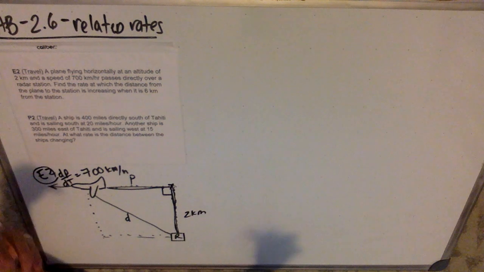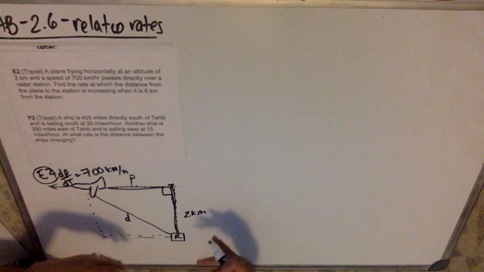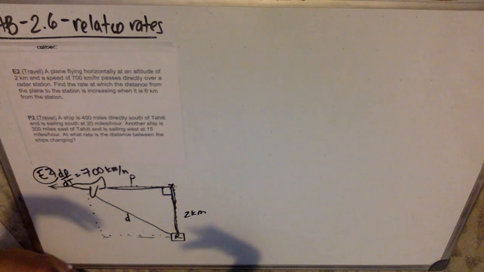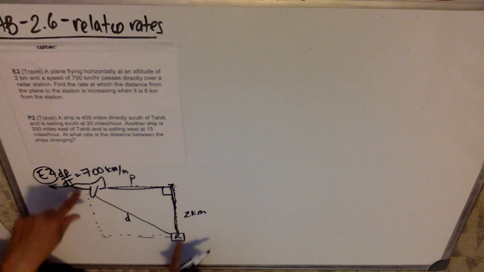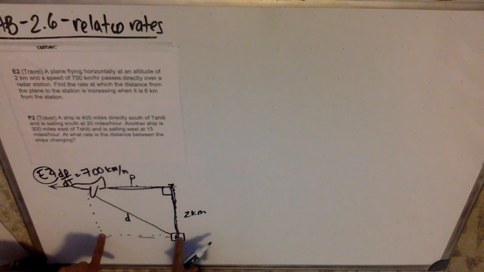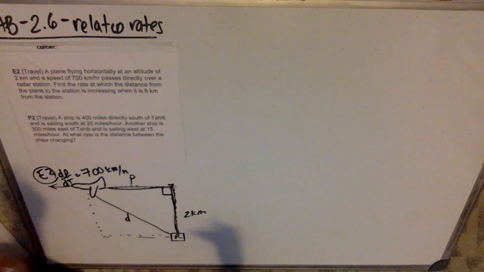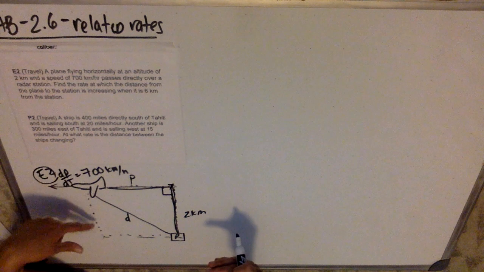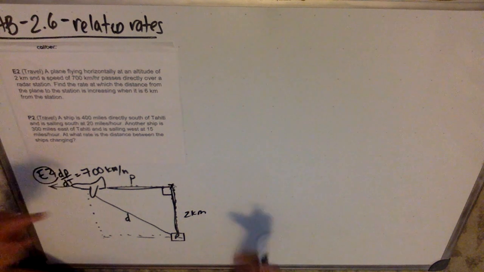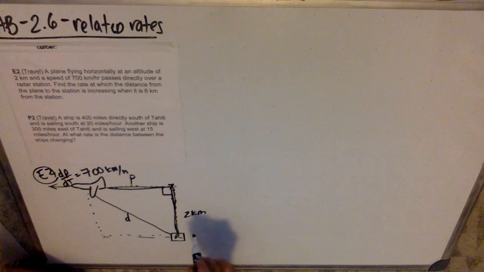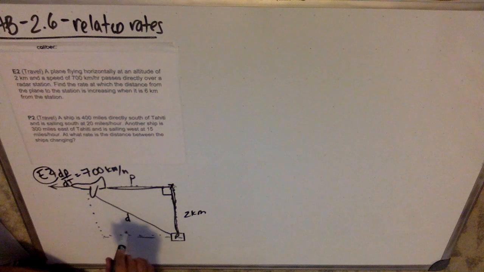When we talk about ground distance, we mean if they were on the same height level, how far apart would they be? So this is the actual distance between them, but the ground distance would be the measurement if you just measured if they were at the same physical height, how far apart would they be? Ground distance essentially is saying if you pretended the plane was on the ground, how far apart would they be? Okay, so I have a 2 kilometers, a P, and a D, right?